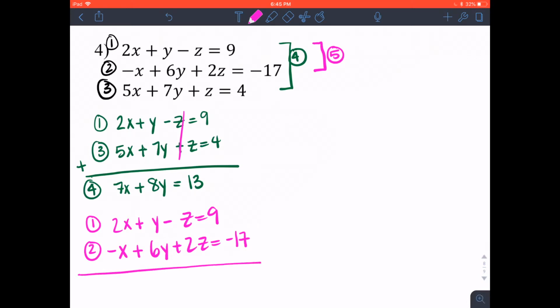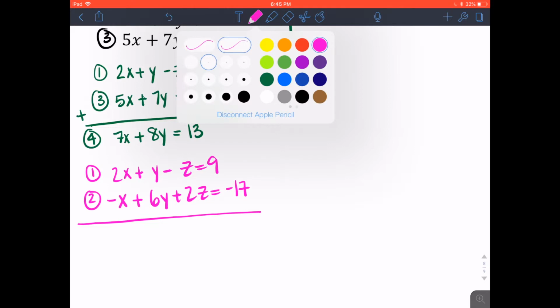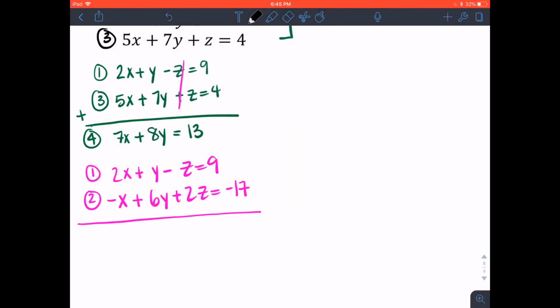And so looking at these, let's see what I need to multiply to cancel out the z's. You can see that the second z has a coefficient of 2. So I need to multiply this equation by a positive 2. Because if this 2 multiplies with this z, we get negative 2z, which will cancel out with the positive 2z. So that's what we're going to do.